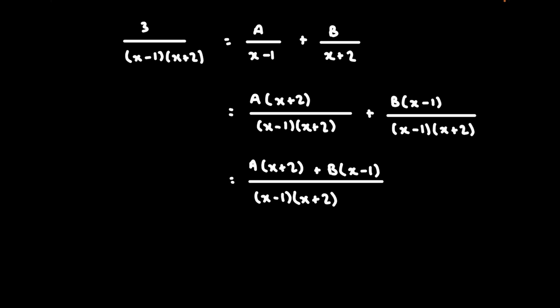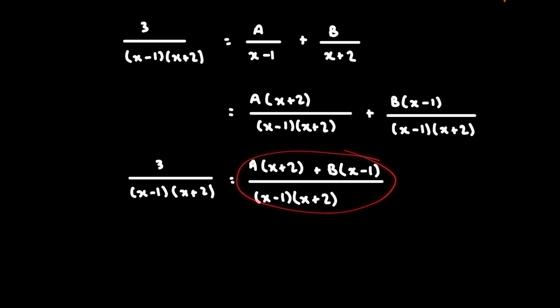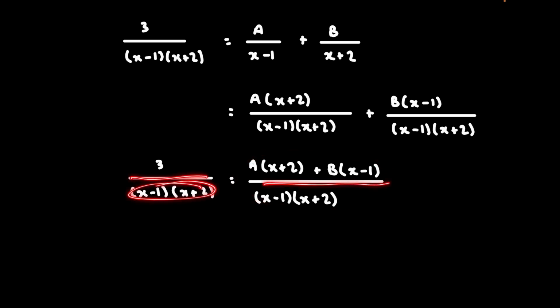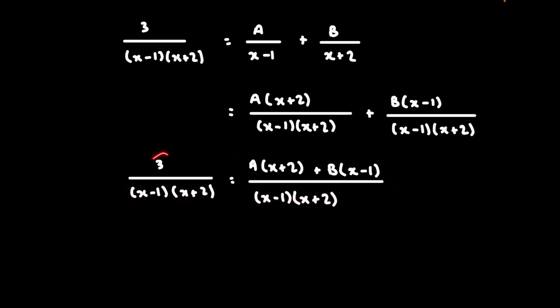On the left-hand side, we still have this fraction unchanged. What do you notice here? On this side I have a fraction, and on this side I have a fraction, and the denominators of both these fractions are the same. If both of these fractions are exactly the same, doesn't that mean the numerators must also equal each other?